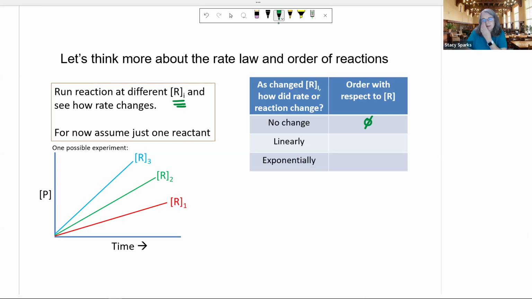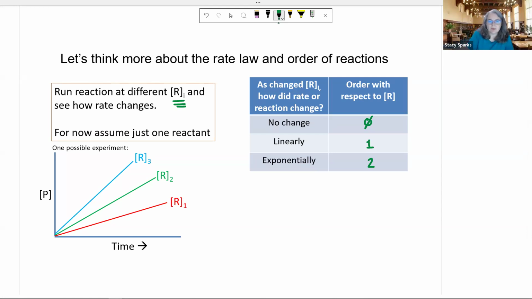On the other hand, if we see a linear change, okay, as we double the initial concentration, we see the reaction rate double, we're going to say that's first order. And if we see an exponential factor, we're going to say that's usually second order. It can be higher order, but the most common are 0, 1, and 2.